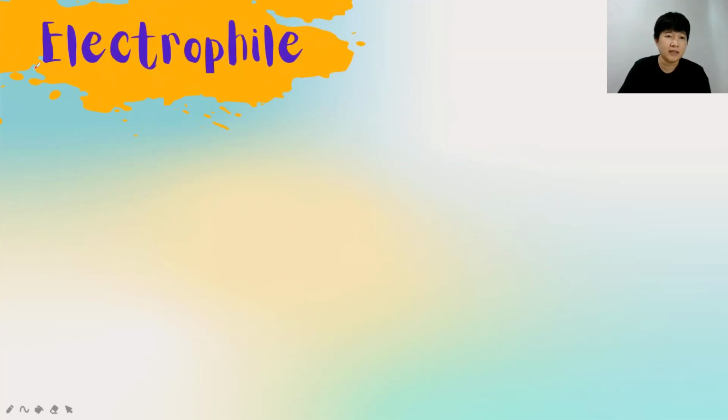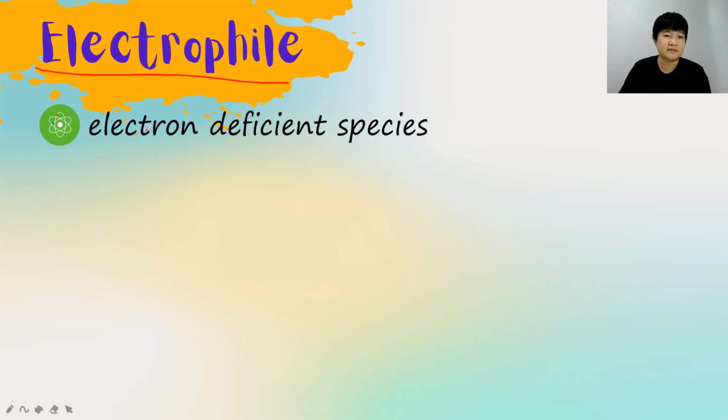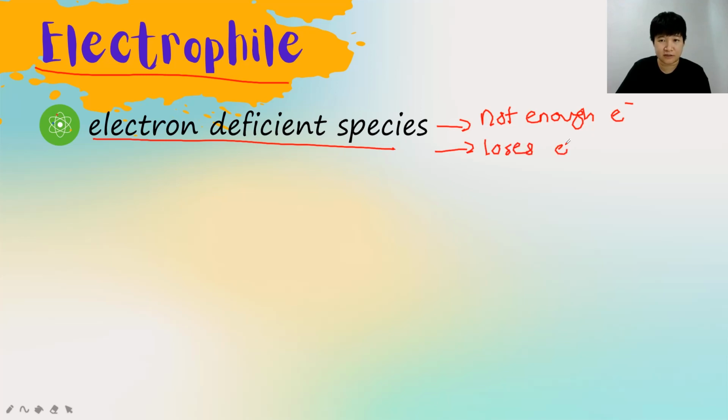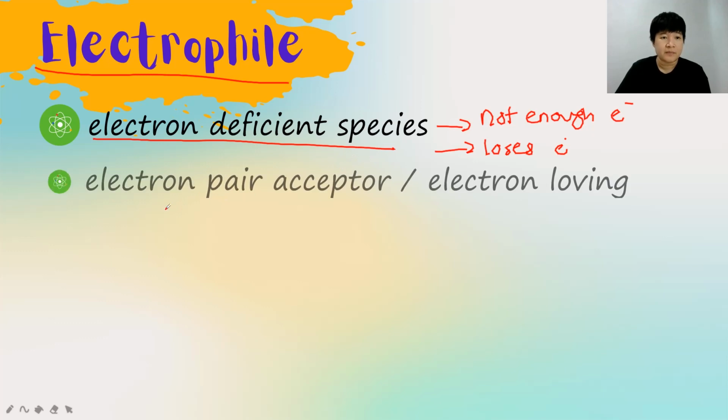Next, what is an electrophile in detail? Electrophile is the electron deficient species. Electron deficient species means you do not have enough electron, because you have just lost electron.